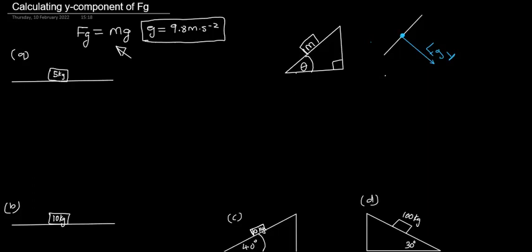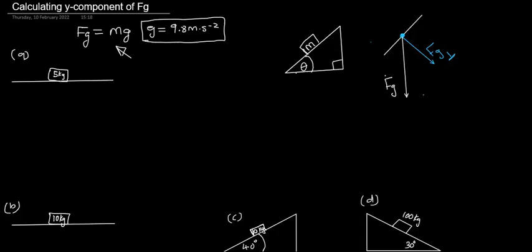Please remember, parallel to the page and not parallel to the surface. So this line parallel to the page, that's going to be your Fg, because it's always directly downwards.